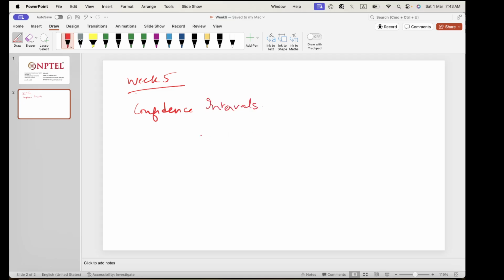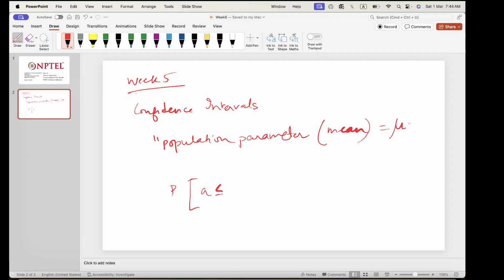So what is a confidence interval? If I have a population parameter, let's say I'm interested in the parameter mean, I would want something like this: a less than or equal to mu less than or equal to b equals 0.95.